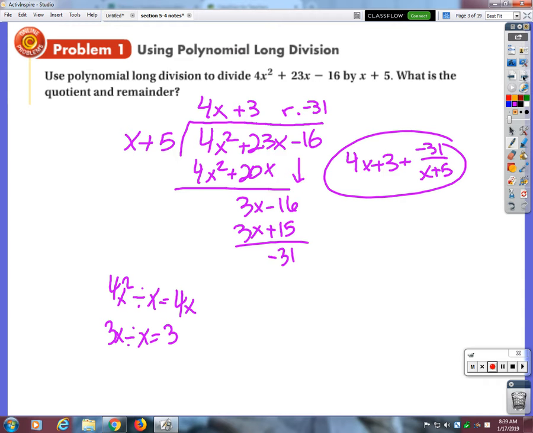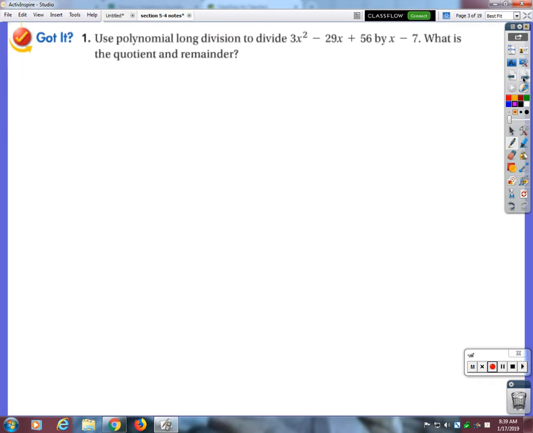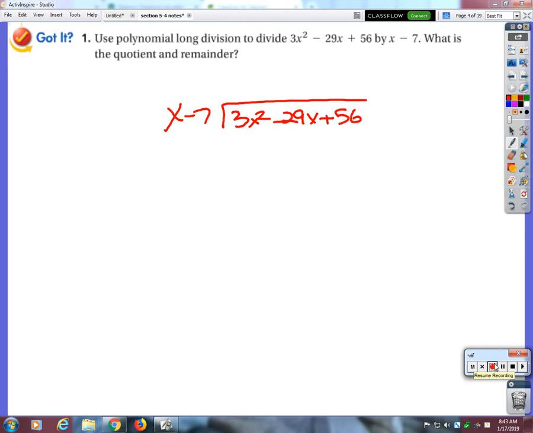Okay? Okay, let's see what you've got. Will you try this on your own? So we're going to go x minus 7 divided into 3x squared minus 29x plus 56. Okay? Try that on your own. Let's start with you.